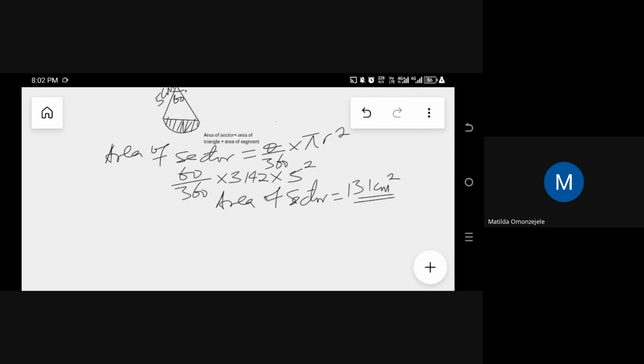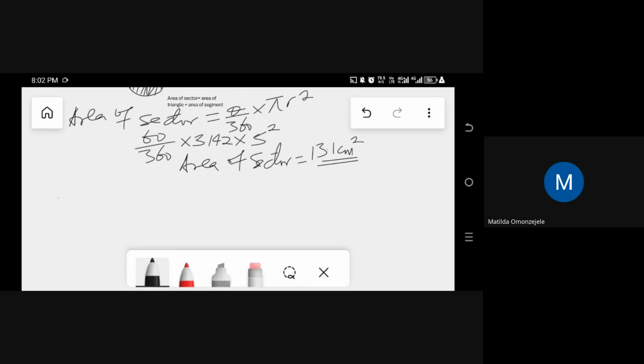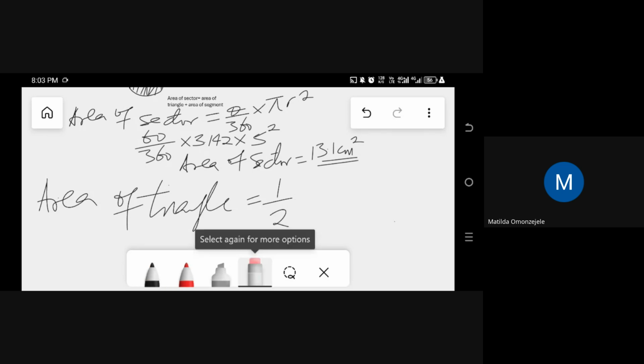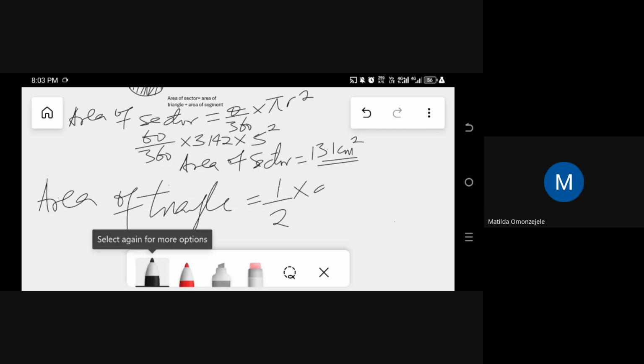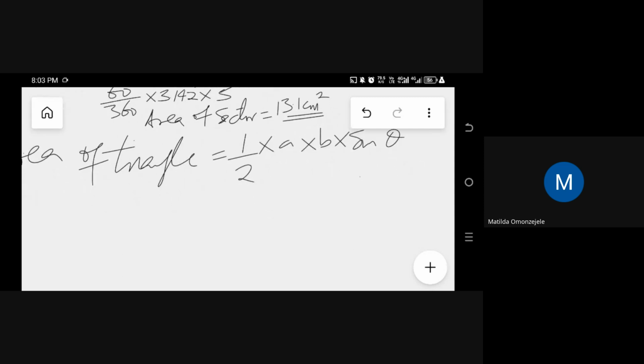So the area of the triangle is half times A times B times sine theta. That's the formula you would be using for the area of the triangle.